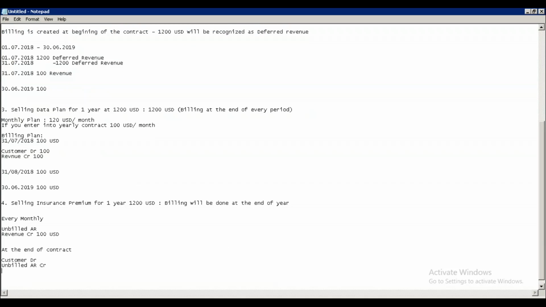Like for example, let's talk about an SAP consulting project. If you are working in a consulting company, what is our service? We provide consulting services, and revenues are based on milestones.